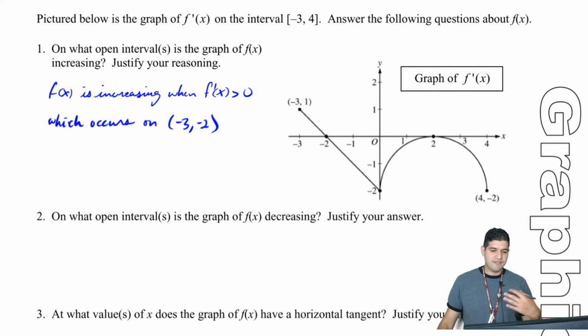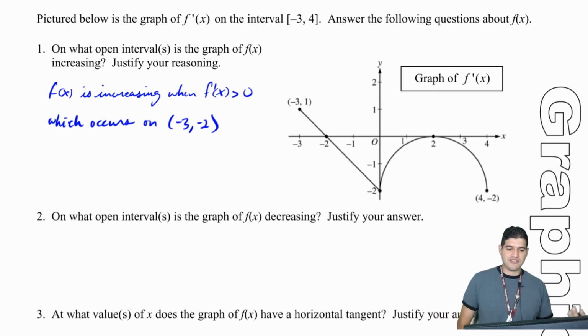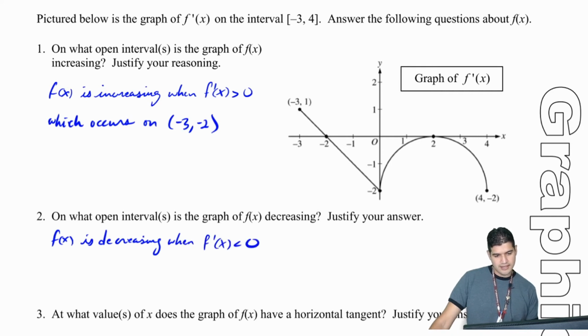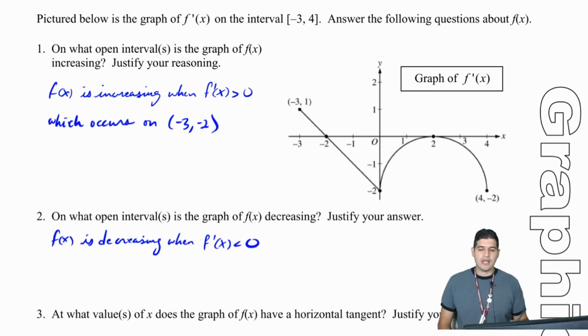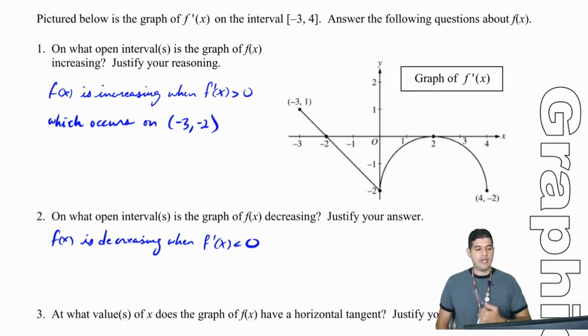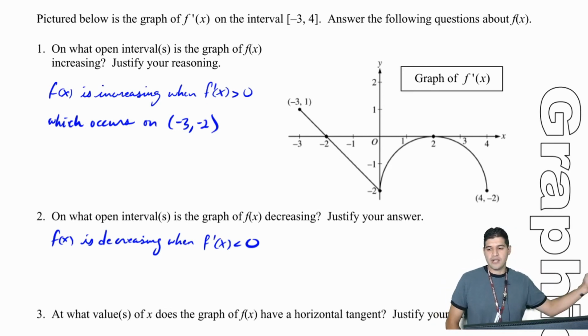On that same vein, we want to say on what open intervals is the graph of f decreasing. So f of x is decreasing when f prime of x is less than 0. And so when is this happening? You might look at this graph and say, okay, it is less than 0 between -2 all the way over here to 4.